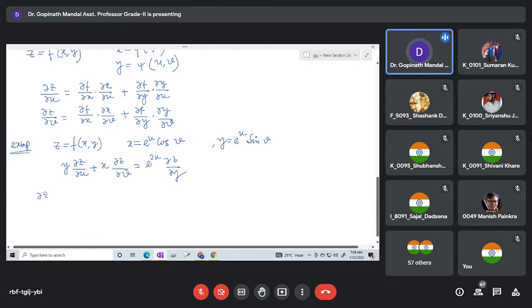Now del z by del u is equal to, z is a function of xy, so del z del x del u, and del z del y del u. Now put the value of del z del x into del x by del u. What is x? x equals this. So del x del u is equal to, in that case v will be constant, so cos v remains constant, and the derivative of e to the power u is e to the power u.